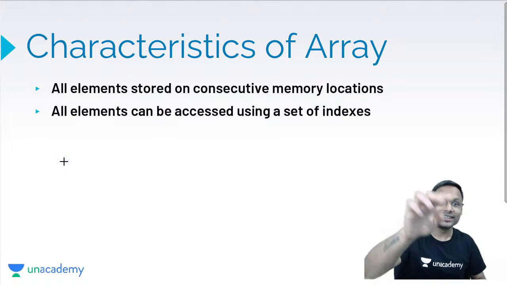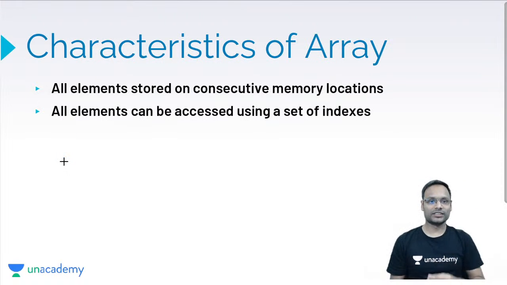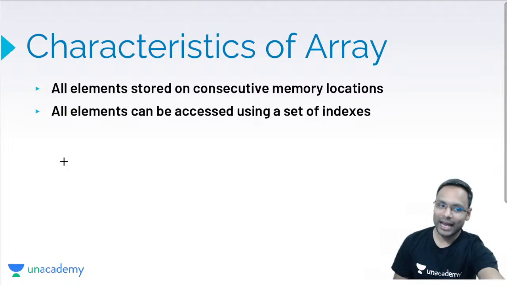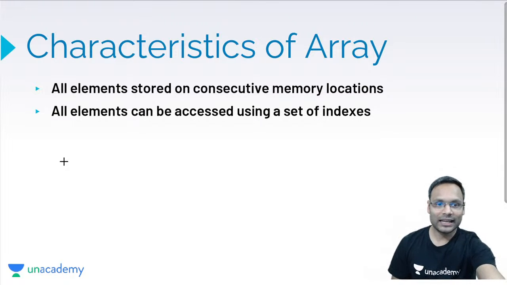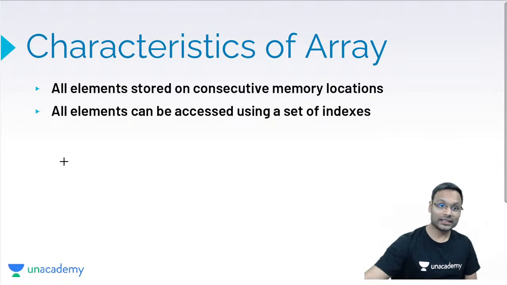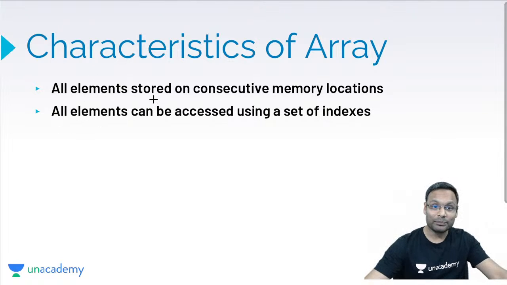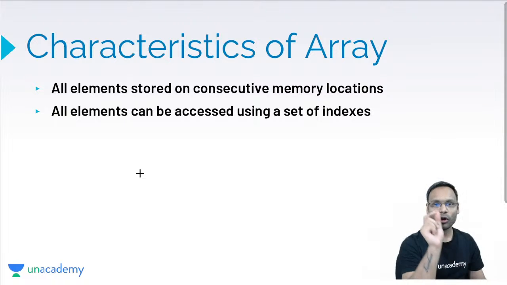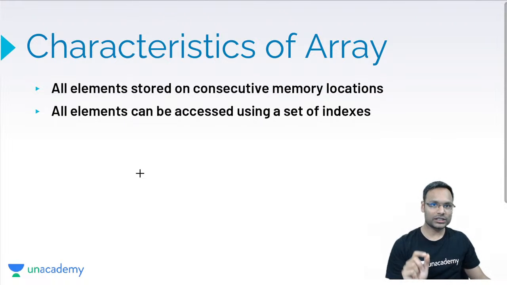Now listen here, there are two characteristics every array should have. These two characteristics are written over there. You can read it. Look at this one. All elements stored on consecutive memory locations. First thing.